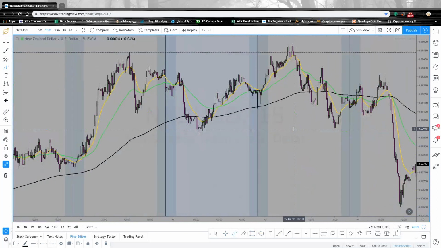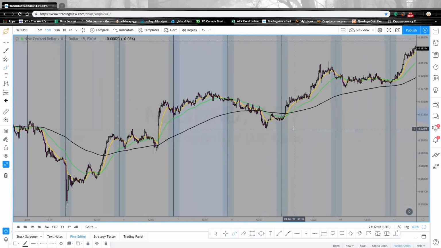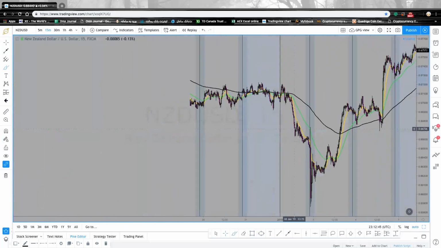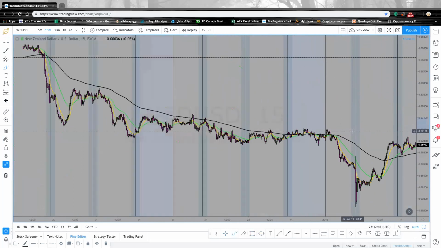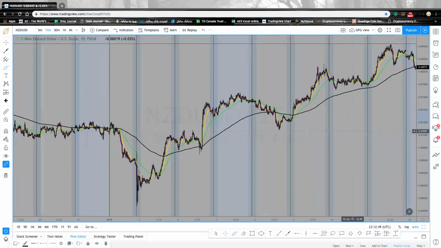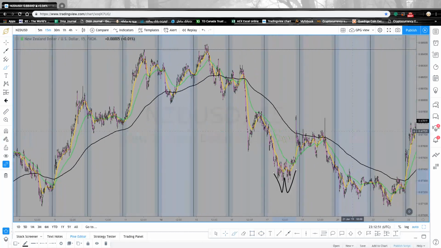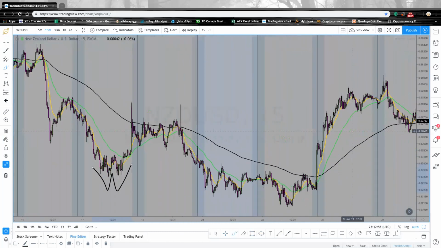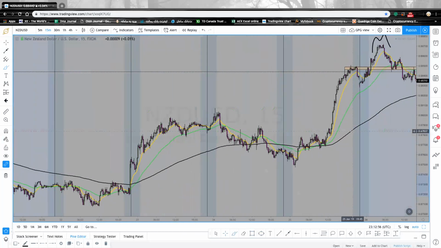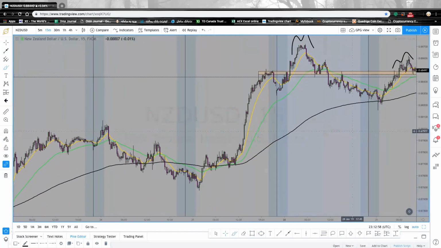So, when it comes to this VIX field, a lot of different people talk about it, and they have different ways. Some people go to a higher time frame, some people go to a lower time frame. Mine is simple.